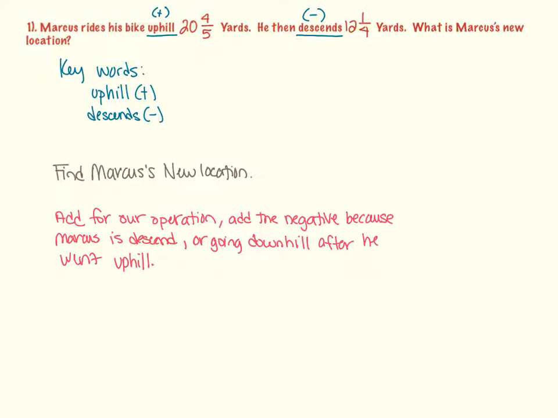Okay, so this is your explanation, which is the what, the operation you're choosing, and the why. Okay, the why, we have to make sure we use those keywords when explaining. So when you're making the explanation, it is very helpful to use the words that were mentioned in the problem. Okay, all right, let's get going on the next one.